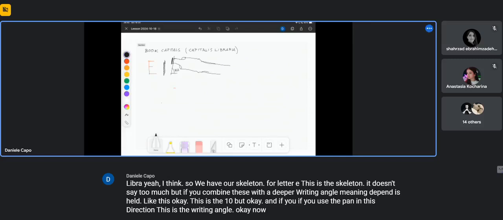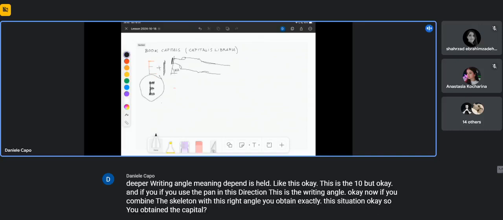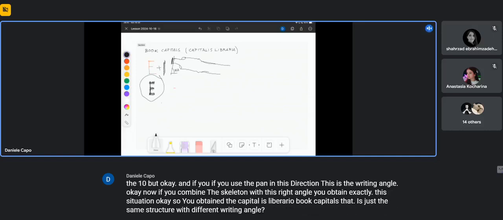Now, if you combine the skeleton with this writing angle, you obtain exactly this situation. So you obtain the capitalis libraria, or book capitals, that is just the same structure with a different writing angle. Obviously, this is not everything about these capital letters.